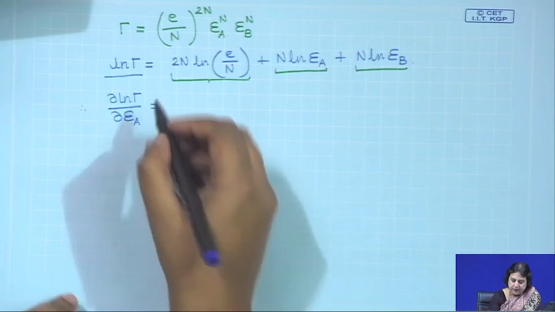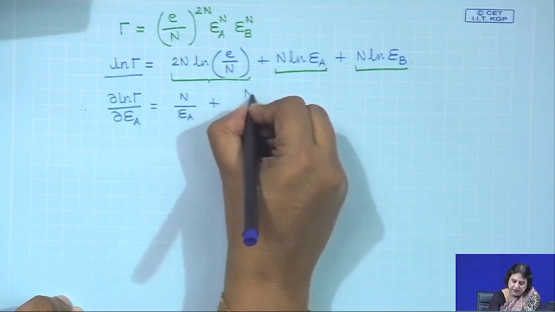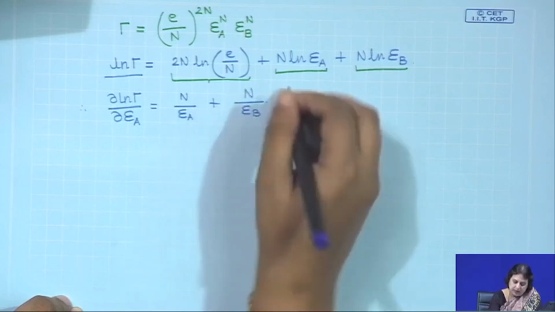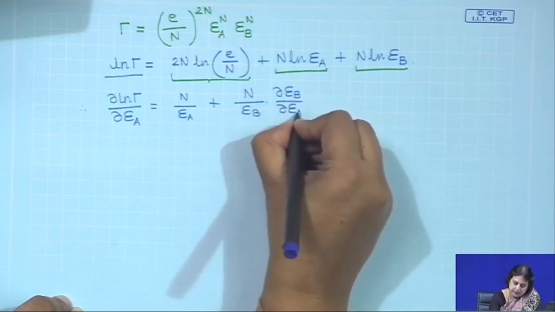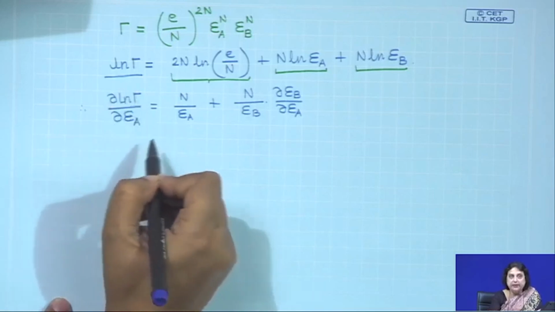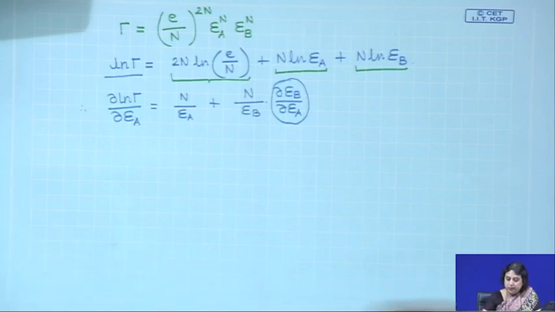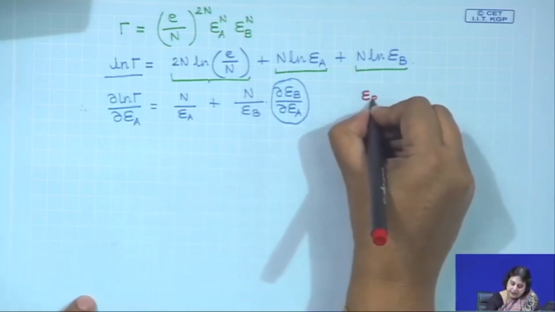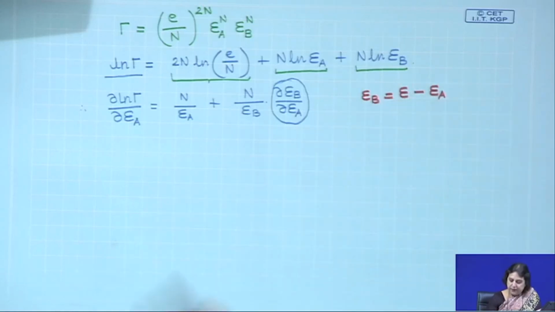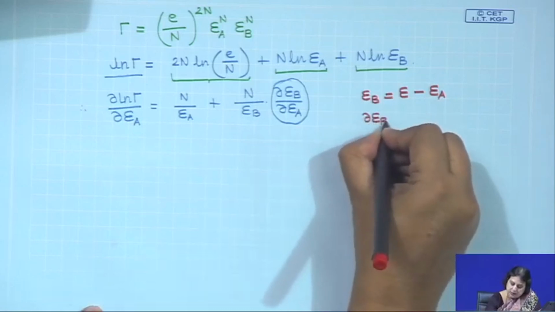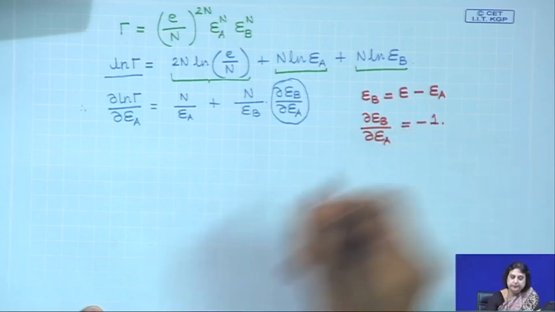Now, the first term will give me capital N by epsilon A, and the second term will give me capital N by epsilon B into del epsilon B by del epsilon A. So, in order to understand what this derivative is, I must know the value of this, but we already know that epsilon B is the total energy epsilon minus epsilon A. Therefore, I must have del epsilon B by del epsilon A equal to minus 1.